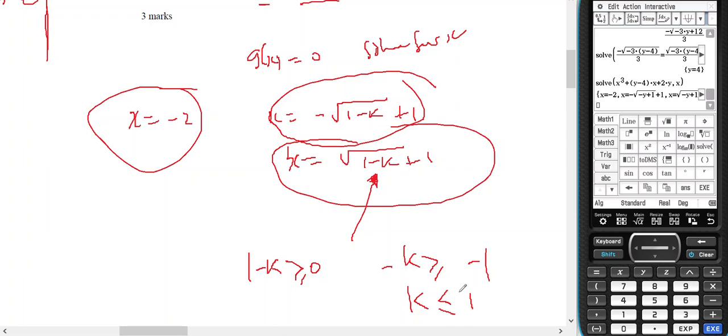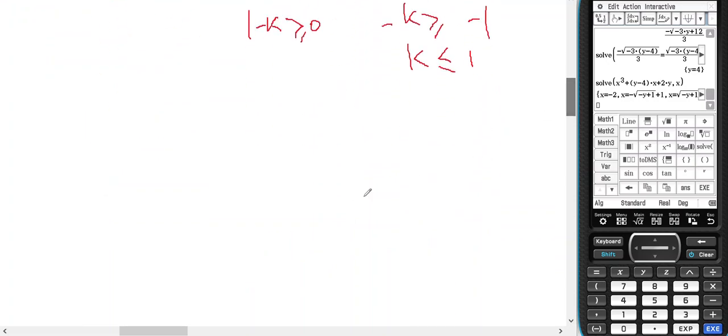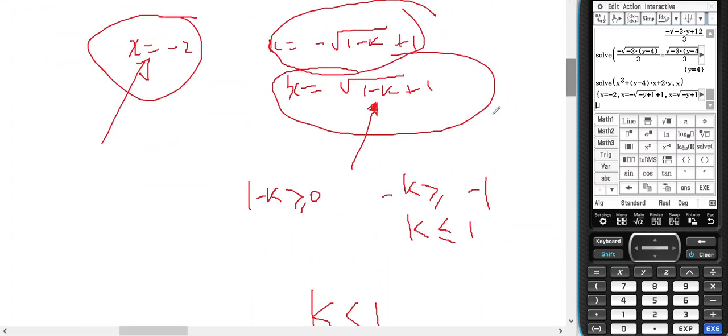Now I can't make it equal to 1, because if it's equal to 1, both of these will be the same value, and I'd only have 2 x-intercepts, the -2 and that 1. So I'm wanting k less than 1.